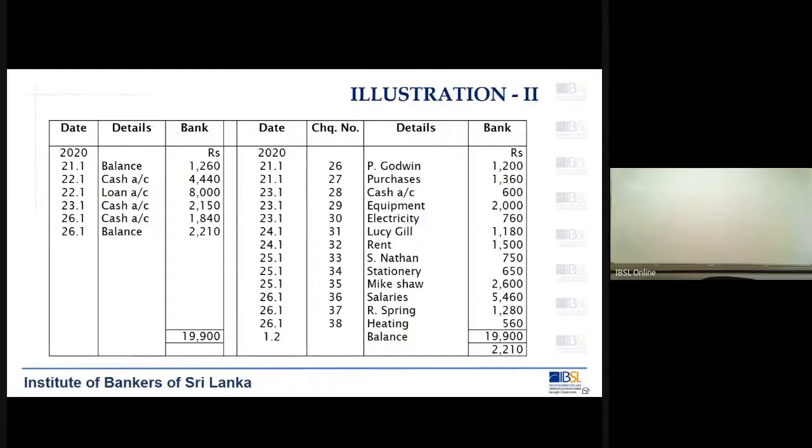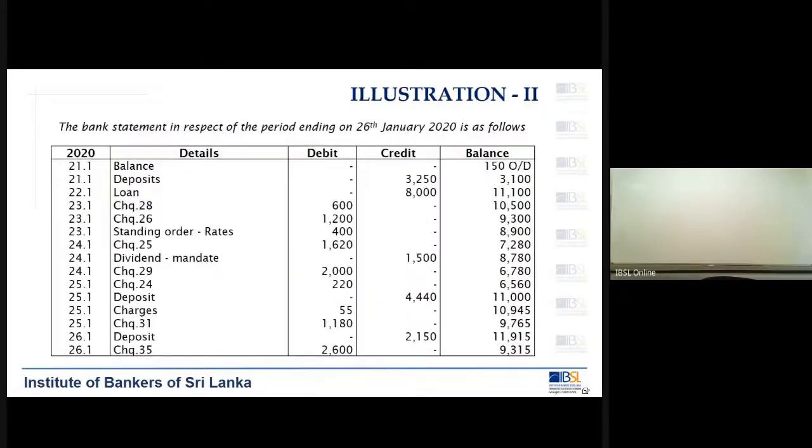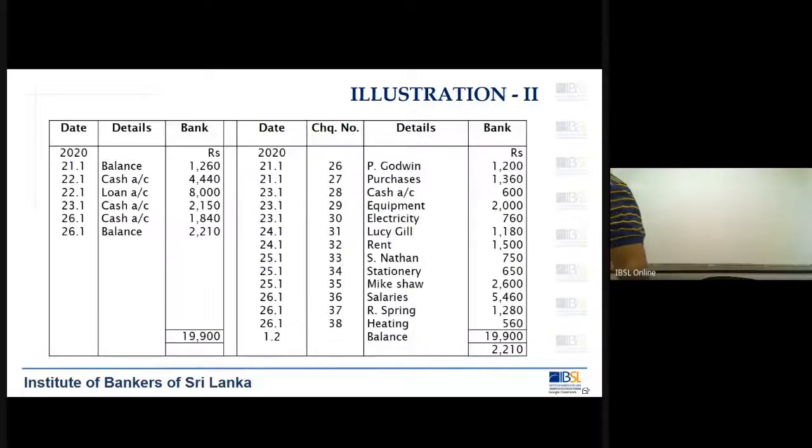Now the cash book is given there, and also the bank statement is given. So now you are required to prepare reconciliations pertaining to 21st and 26th. But unfortunately, the 2 books have been given as of 26th.